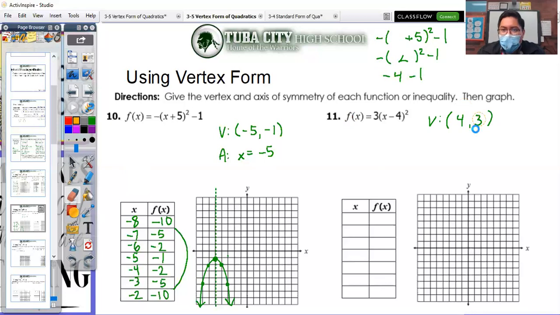No. We don't have a K value. There's nothing after this part here. So in this case, it would be 0. And yes, it would be +4 because it's going to be the opposite of this number. And the axis of symmetry will be x equals 4.